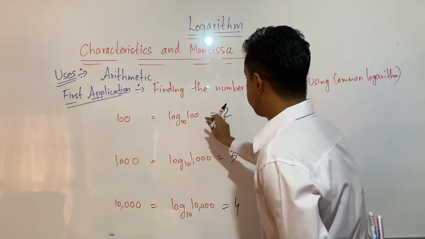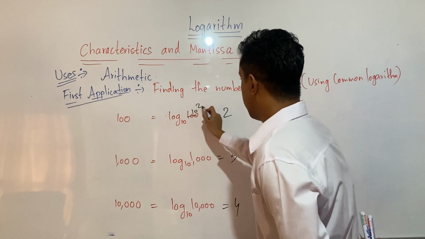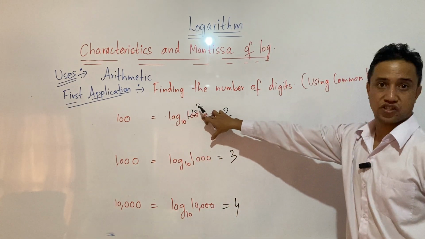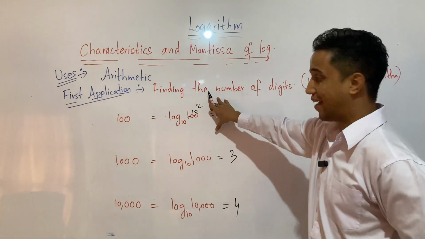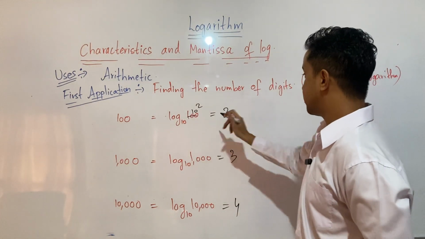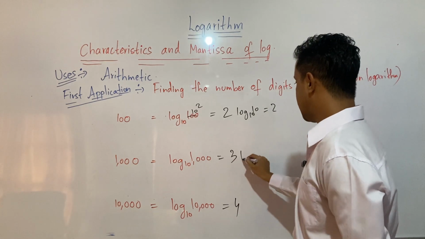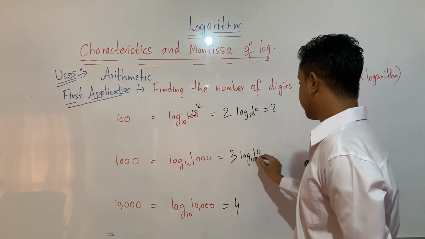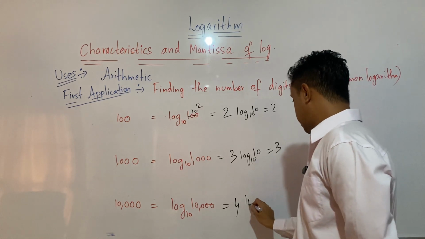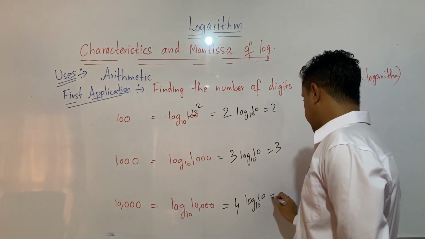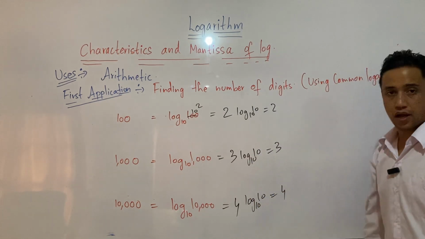Because this can be written as 10 squared, and log of x raised to the exponent n is n log x. So 2 times log 10 to the base 10, which is 2. Here 3, and here 4.